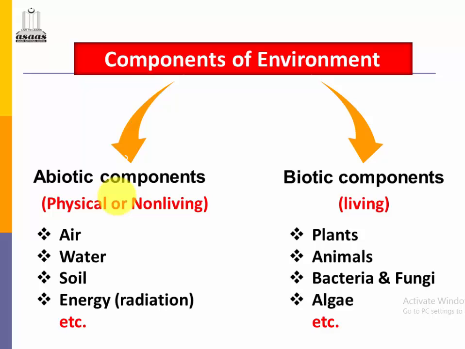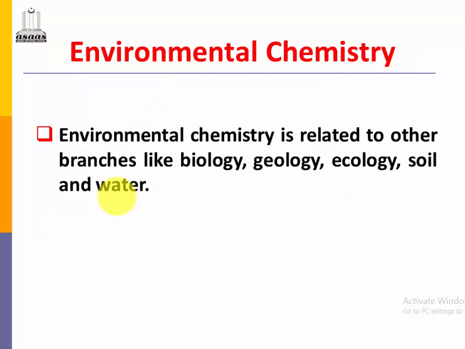Now, we discuss the scope of environmental chemistry. Environmental chemistry is related to other branches like biology, because biology means the study of living things, so it comprises biotic components; geology, since soil is an abiotic component; and ecology, about atmosphere and environment, soil and water.